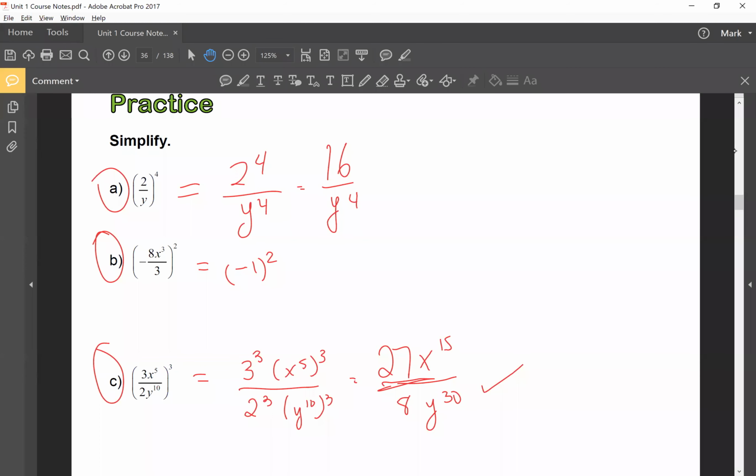And then I'm going to take 8 squared, x cubed squared, and then 3 squared. So it's positive 16 x to the 6 over 9. I got 9 right that time. And I think that's it. I don't think I can simplify 16 over 9.